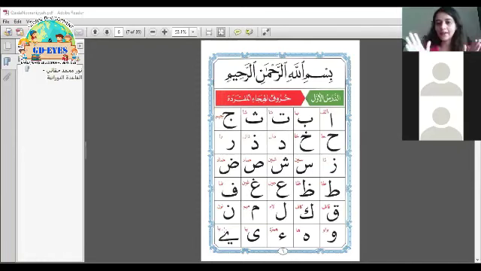So these are the Arabic letters, الحروف العربية. We have 29 letters with 29 different sounds. So now we have the letter and the letter sound.